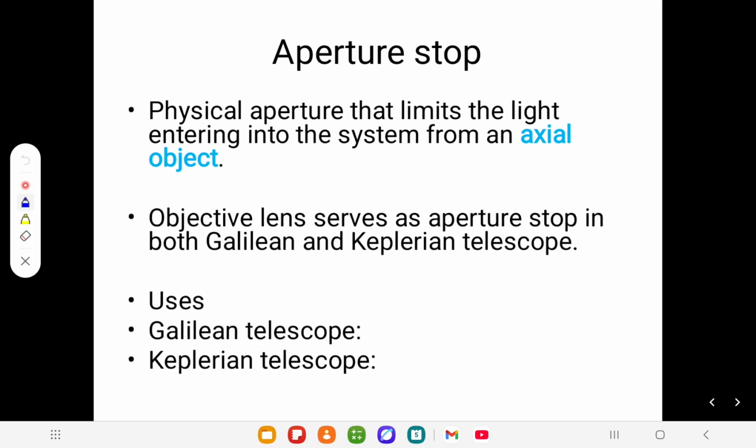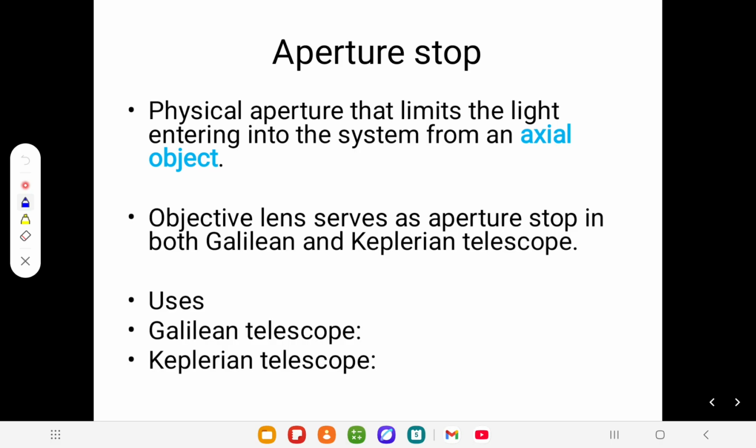So we always say the Kepler telescope has good image quality, but they don't know why. If you ask the student why the Kepler telescope has a better image, they only say that the exit pupil is outside of the system, and that's why. Yes, but why is the exit pupil outside of the system? They don't know. Okay, I'll tell you why.